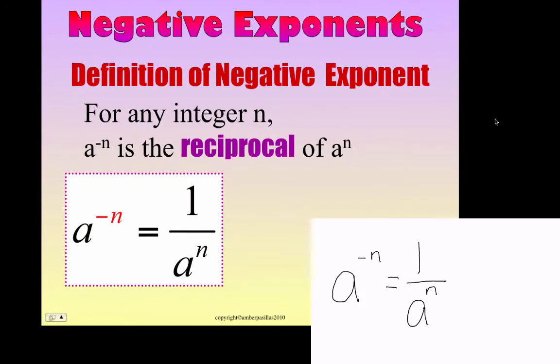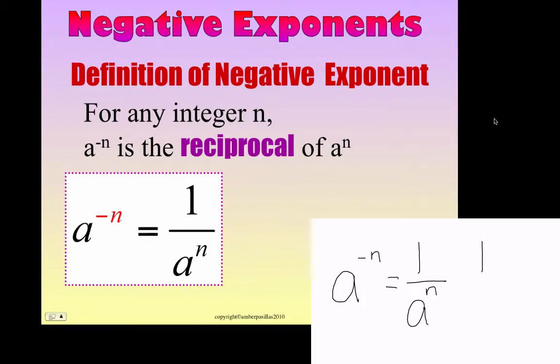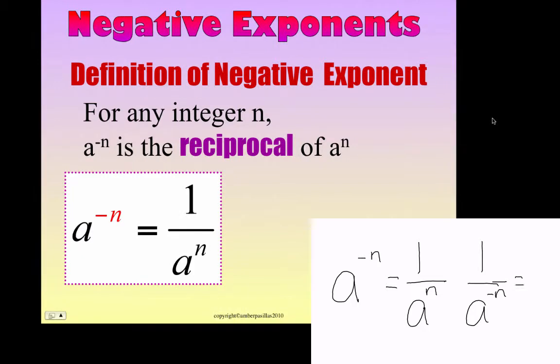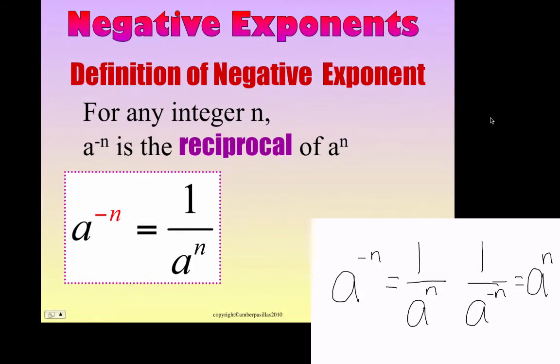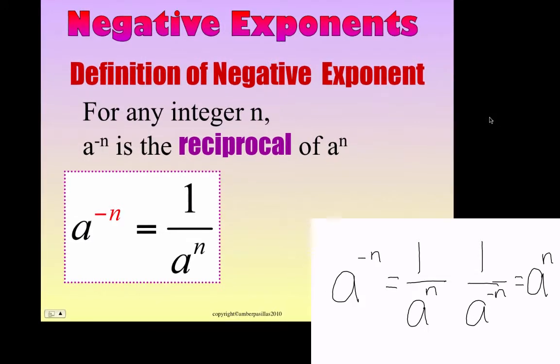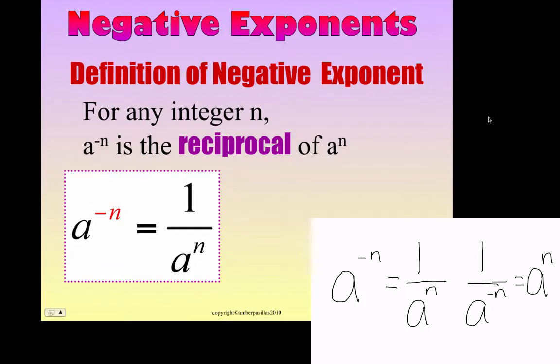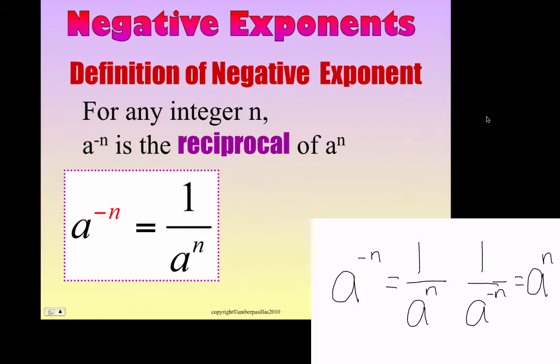If we have 1/a to the negative n, then a goes upstairs and takes the exponent and it changes signs. I want you to turn your paper over and write this on the back for your kids. Hit pause while you do that.